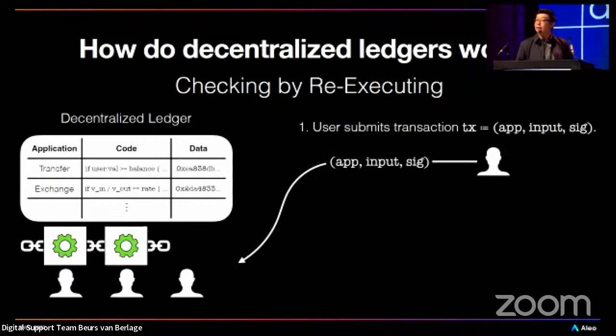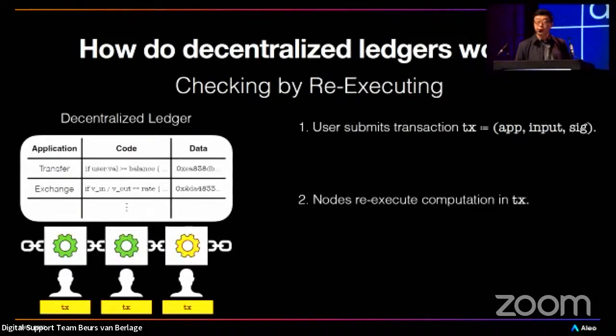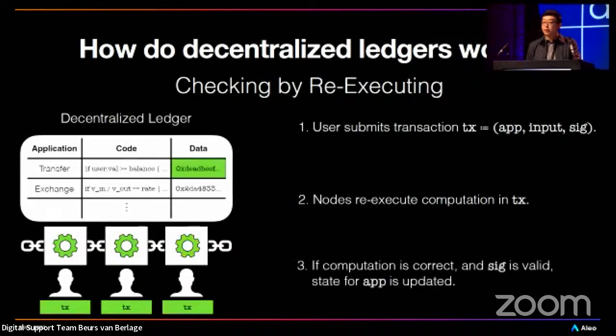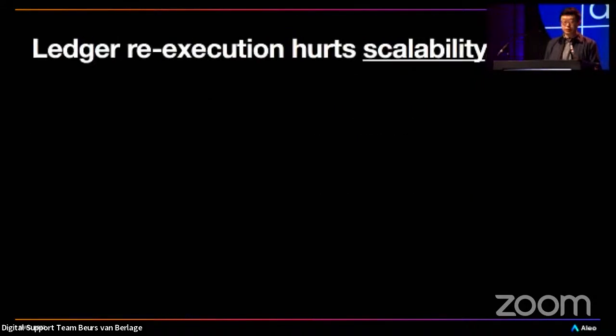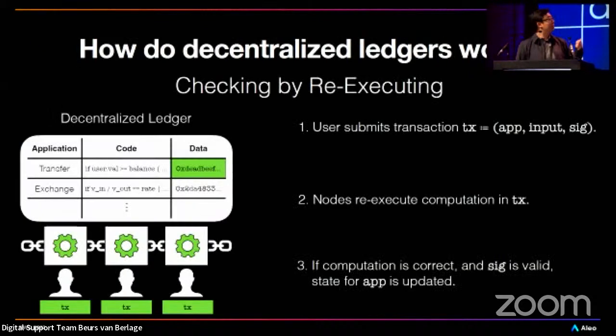The user then broadcasts that transaction to the network, and nodes re-execute that computation. In fact, every node re-executes that computation in order to verify that it is correct. If the computation is correct and the signature is also valid, then the state for the application is updated. As you can see, there are a lot of re-executions going on here.